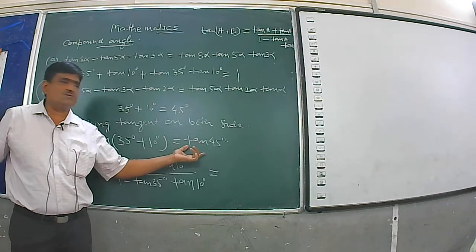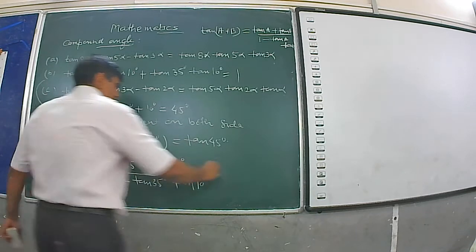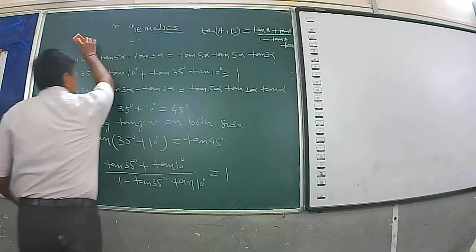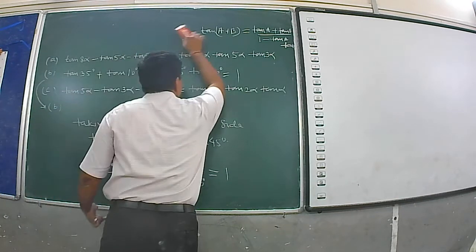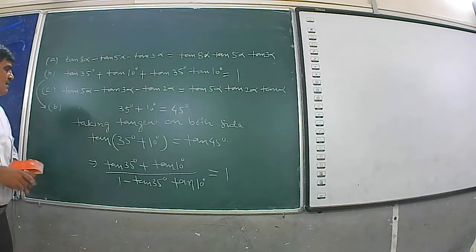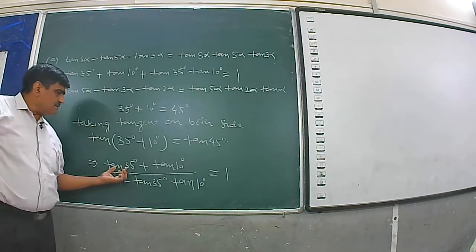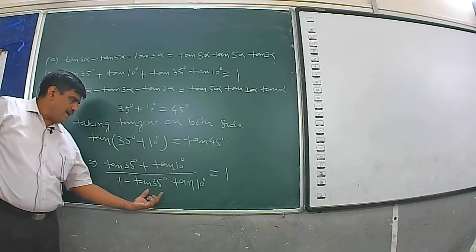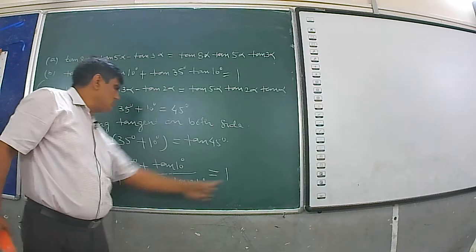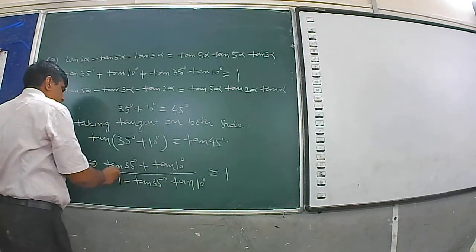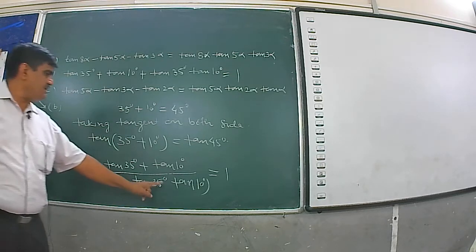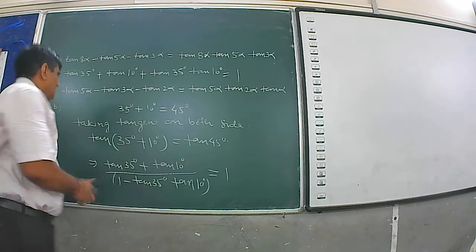Tan 45 is equal to 1. This implies that tan 35 plus tan 10 degree is equal to 1 into the bracket, that is, 1 minus tan 35 into tan 10 degree.